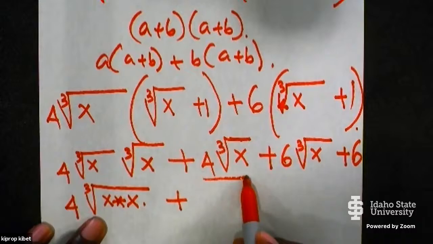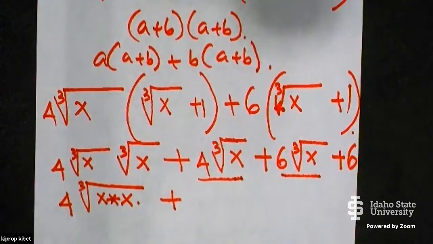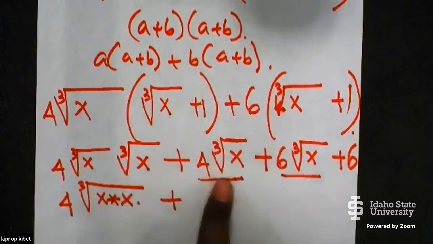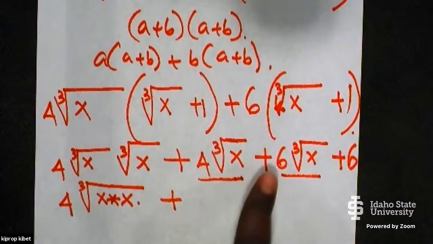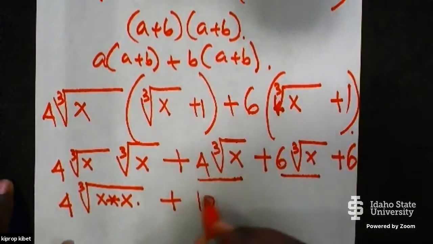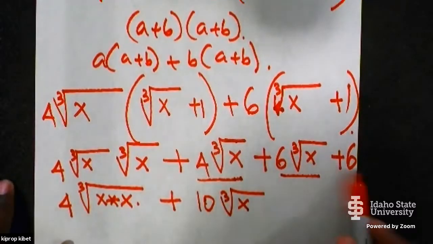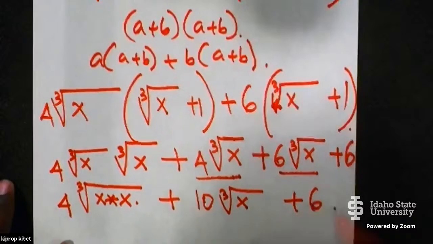Plus, looking at this and this, they are what? They are like radicals, right? So for the cube root of x plus 6, the cube root of x will be what? 10, the cube root of x. And then finally, plus what? 6.